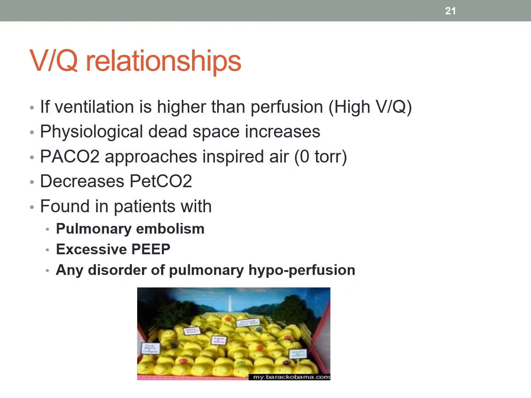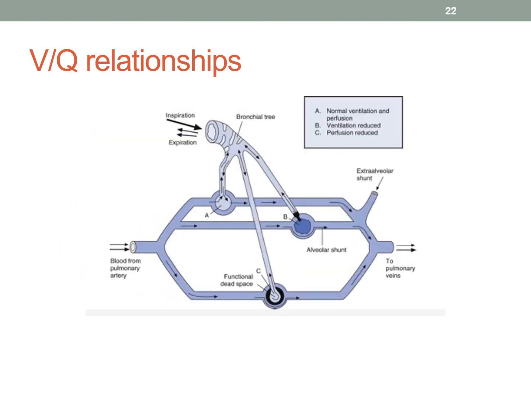Excessive PEEP, because remember that pressure, you still have the ventilation going on, but the distending pressure on the alveolar capillary wall squishes the capillaries basically, so that's going to affect your perfusion, and any other pulmonary hypoperfusion disorder. Okay, so looking at your VQ relationships.